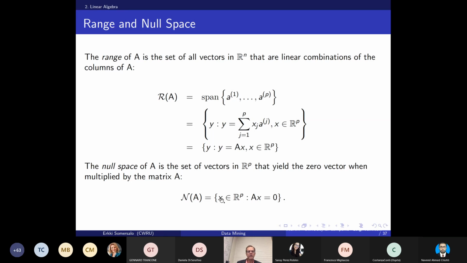Sure, if you take x to be the null vector, or 0 vector, then Ax is clearly 0. So the null space contains at least one element, the 0 vector, but it may contain other vectors too. That's important to notice. The null space may be quite large.